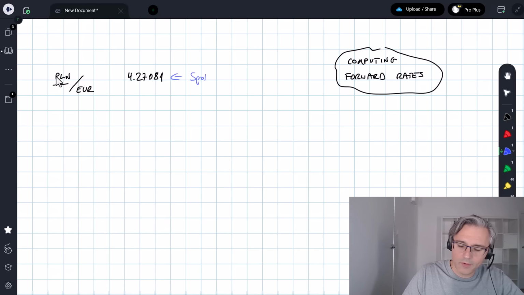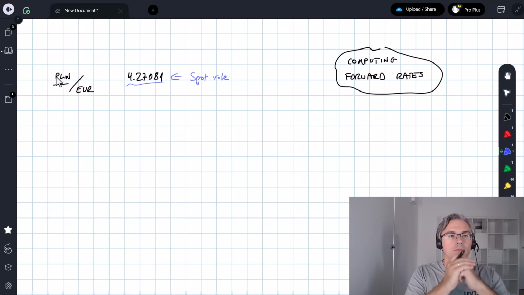So that's the spot rate. That's the rate at which you could do an exchange of euro for zloty, basically this many Polish zloty per 1 unit of the euro.